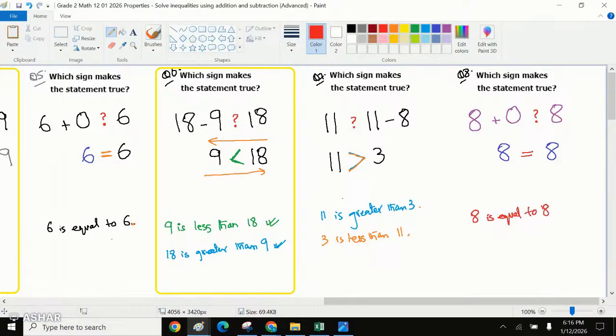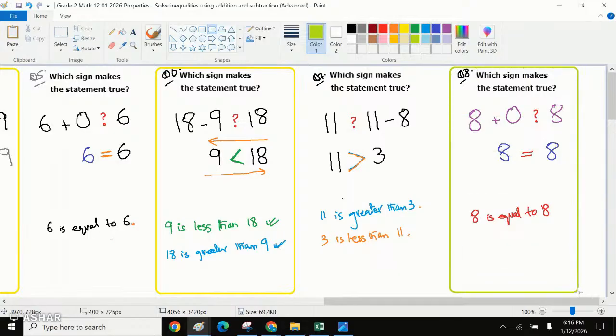It cannot be greater, it cannot be smaller, because both the numbers are the same. So what we have to say is, the missing sign is equals to. Okay? Yes, thank you so much. That means equals to is the missing sign of the equation.